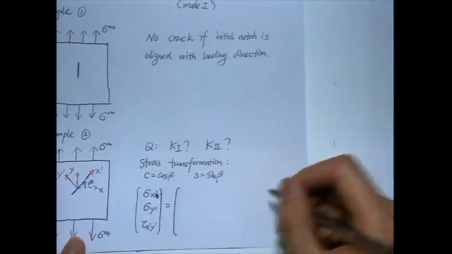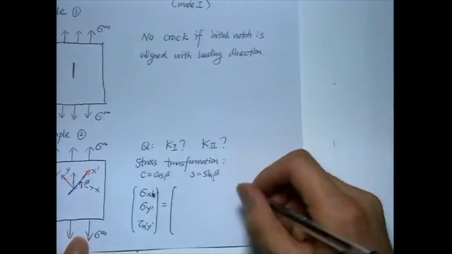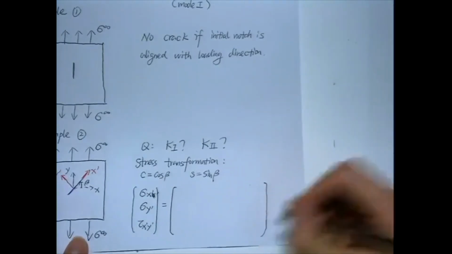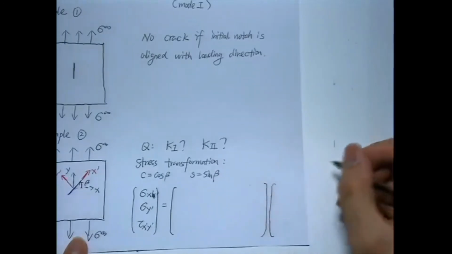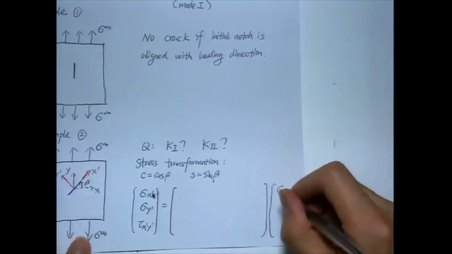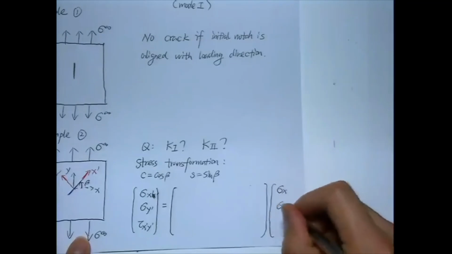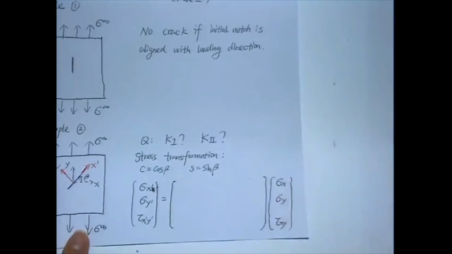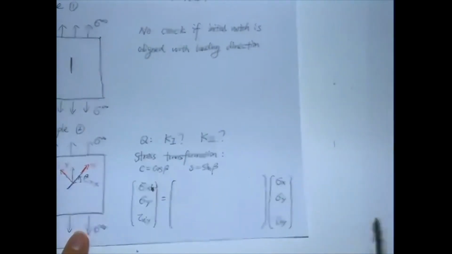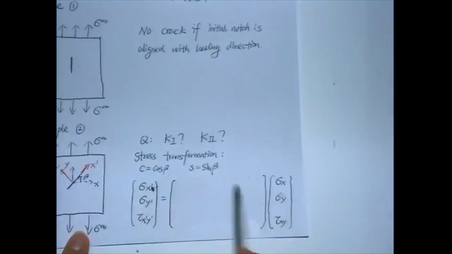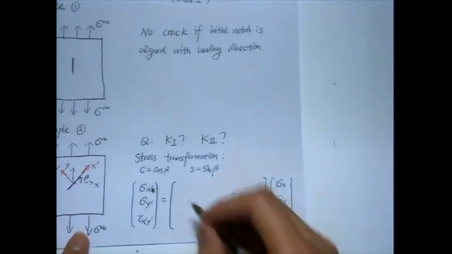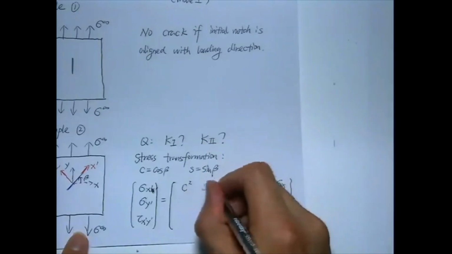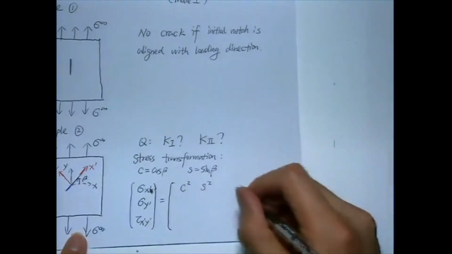This is called the rotation matrix, such that you can get the transformed stress. You apply stress in this matrix, but you don't know that part, so you need the transformation matrix, which here is C squared, S squared. You don't need to remember that.